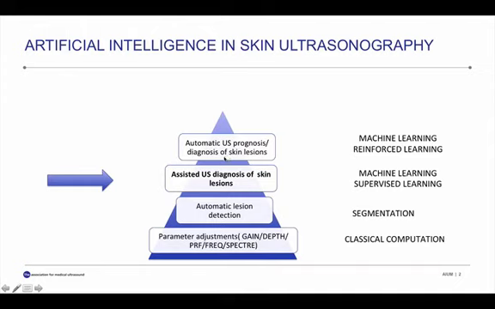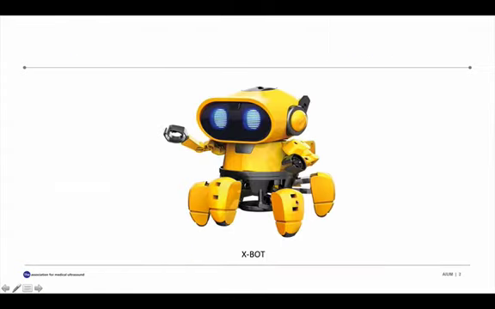With more time, we will reach the automatic ultrasound prognosis, what we have been calling radiomics of the skin lesions in ultrasonography.